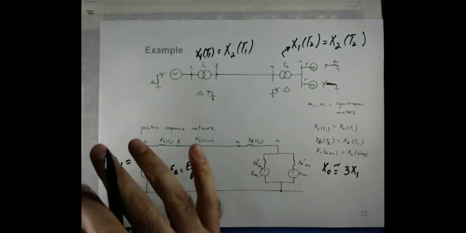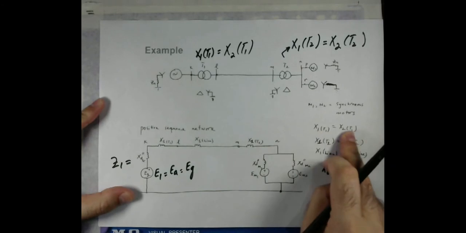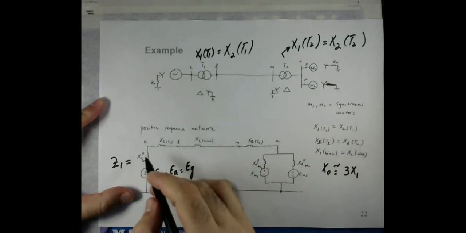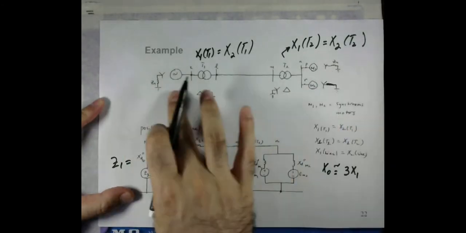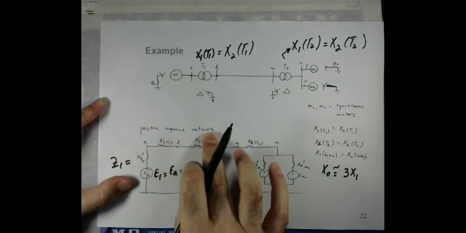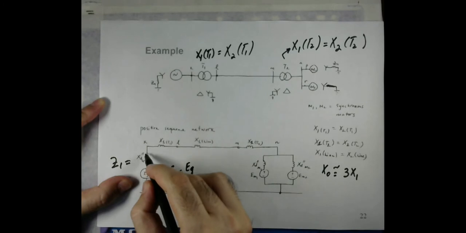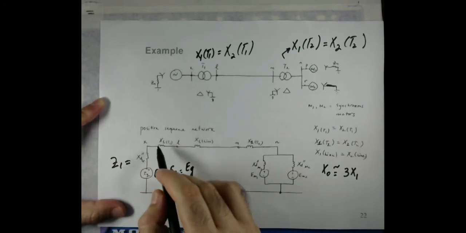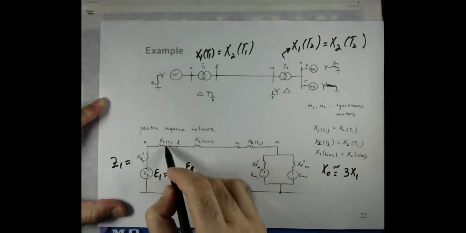So for this positive sequence network, we consider the voltage, the subtransient inductive reactance taken as Z1, and then the X1 of transformer 1.